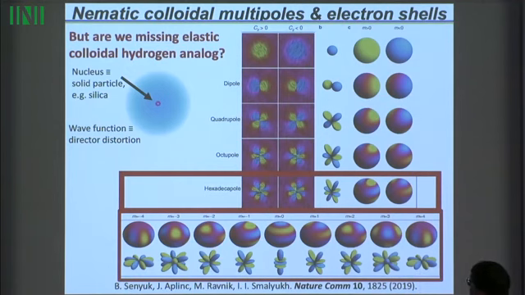And so this is what I'll start my discussion from today. The idea is that the colloidal particles we put in liquid crystals are analogous in some way to the nucleus of the real atoms, and the director distortion around them in some way to the wave function.